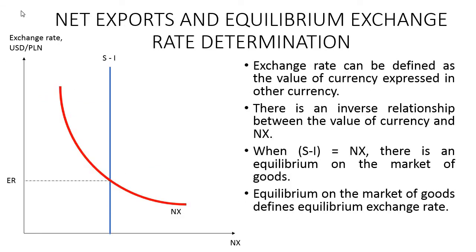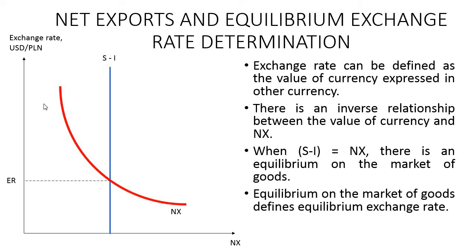The equilibrium exchange rate will be defined by the intersection of S minus I, national saving minus investment, and net exports. At this point, net exports are equal to the difference between national saving and investment, and this defines the equilibrium exchange rate. Here you have the value of Polish zlotys expressed in US dollars.